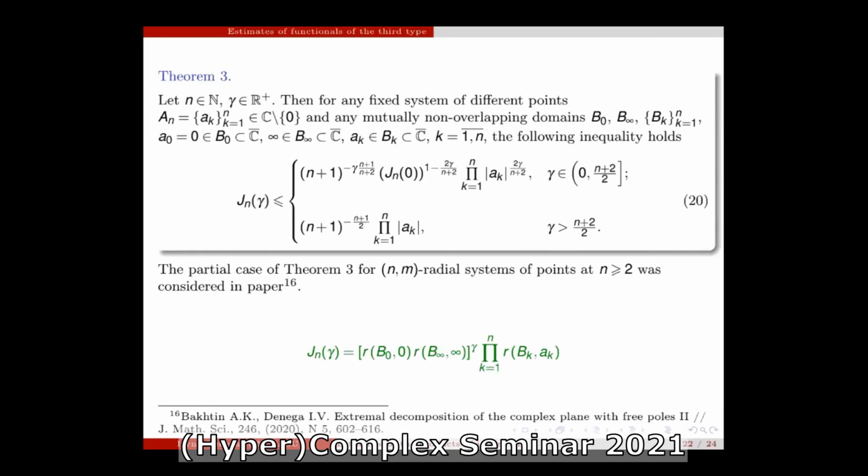And the functional J_n of gamma is less than or equal to (n+1)^(-(n+1)/2) product k from 1 to n of modulus a_k, if gamma is greater than (n+1)(n+2)/2. The partial case of Theorem 3 for n-radial systems of points at n greater than or equal to 2 was considered in paper 16.